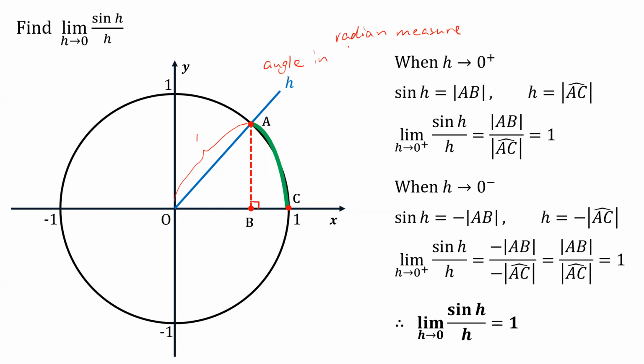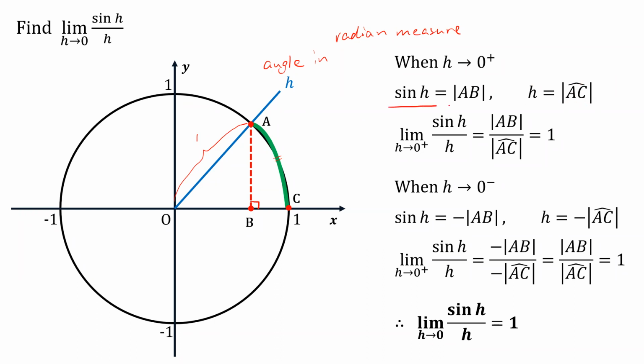Therefore, according to the definition of radian measure, h is defined as the ratio between the length of the arc AC over the radius r, which is 1 here, right? Therefore, we know h should equal the length of the arc AC.